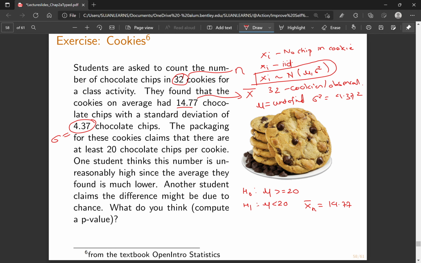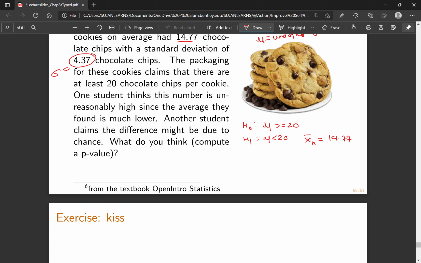So let's start from scratch. Let's assume that for our null hypothesis to be true, x n bar has to be smaller than some value. We don't know what this value is. Now we need to centralize.